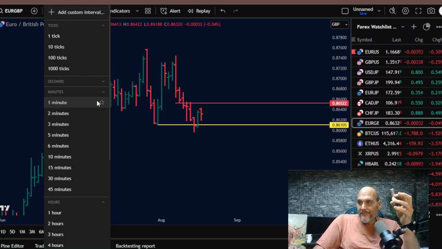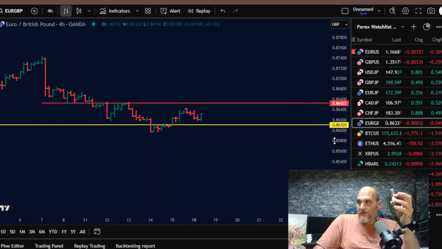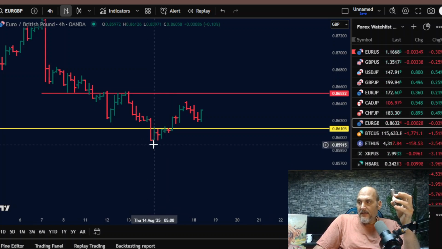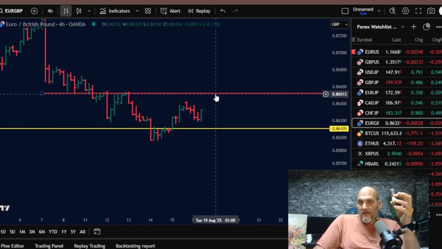Let's go to just a 4-hour chart looking at euro sterling itself. We didn't have two consecutive punch-down lowers in yet. So the marketplace is basically coming up, it's going to be testing resistance up here. So what do I mean by that?